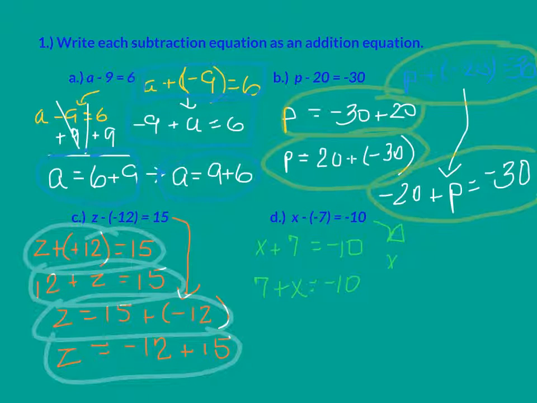So I would have x equals negative 10 plus negative 7. Switch those around. I'd have x equals negative 7 plus negative 10. So again, I've got 4 different ways to show this one. 1, 2, 3, and 4.